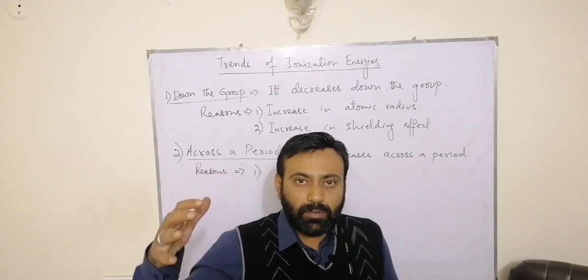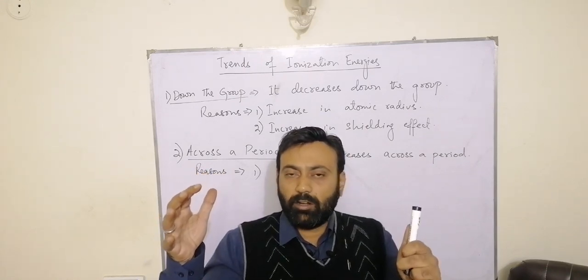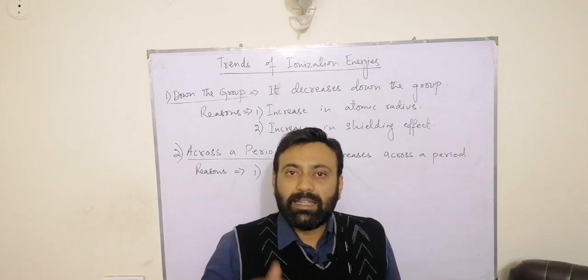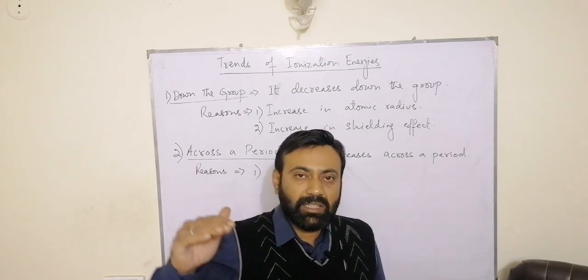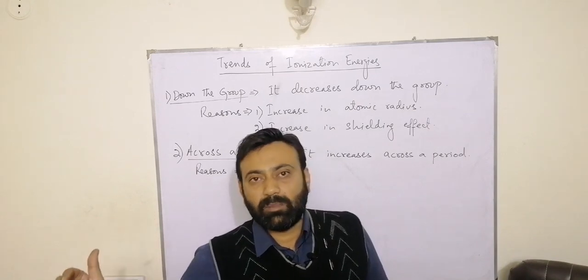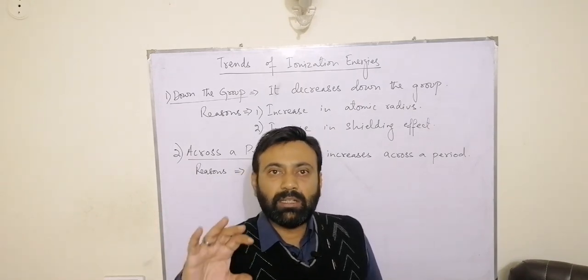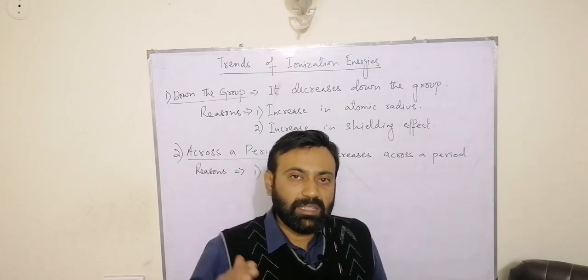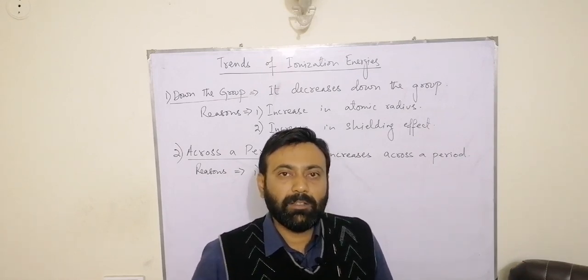And due to that stronger force of attraction, the electrons in the outermost shell are arranged a little closer to the nucleus. So the radius is decreasing across a period just a little bit, not as much as when a shell is being changed, but still there is a little decrease in the atomic radius.